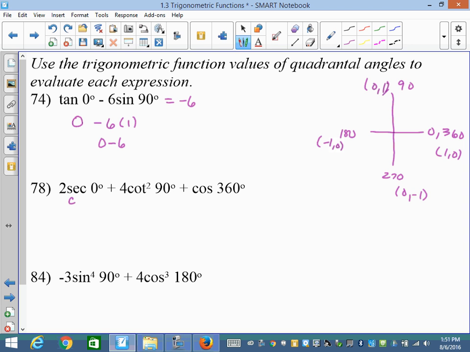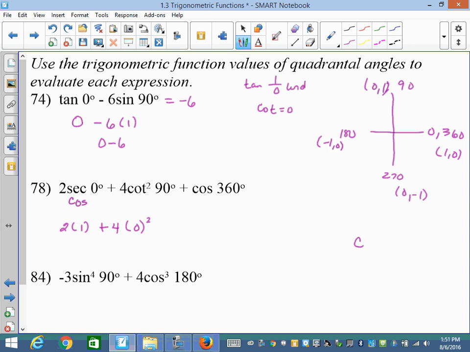Okay, secant of 0. Secant is the reciprocal of cosine, and cosine at 0 is 1. So 2 times 1, plus 4 times, we have to talk about this guy now, cotangent at 90. Cotangent at 90 is the reciprocal of tangent, and tangent at 90 is 1 over 0, or undefined. That's tangent. So that makes cotangent equal to 0. So this is 4 times 0 squared. I need to point this one out.